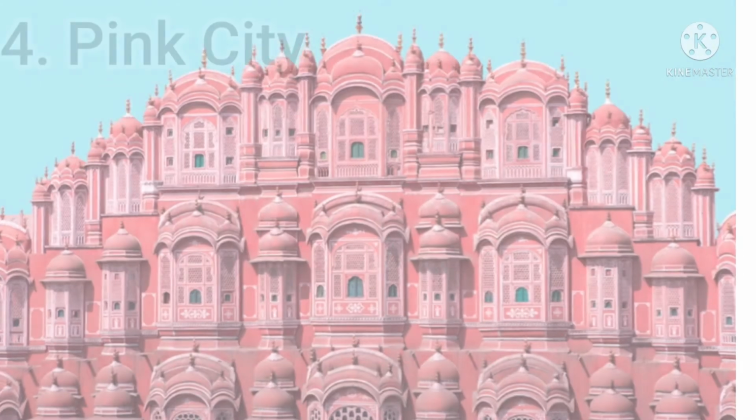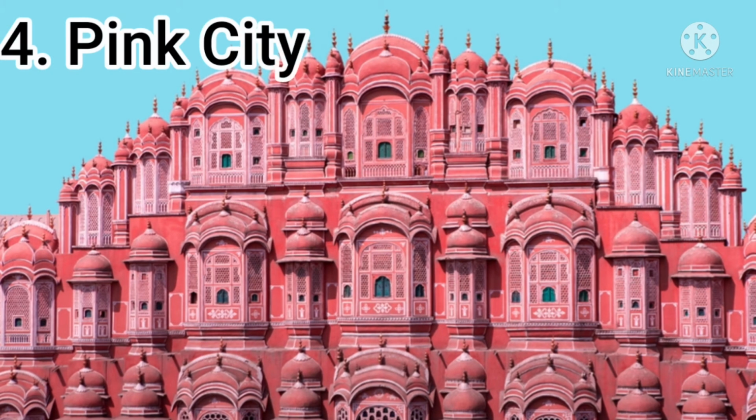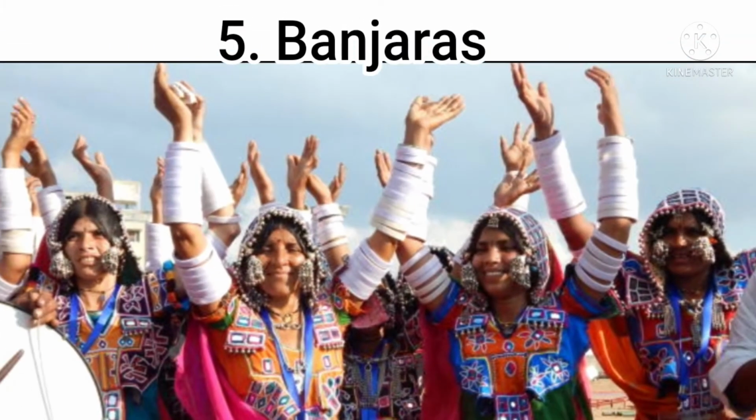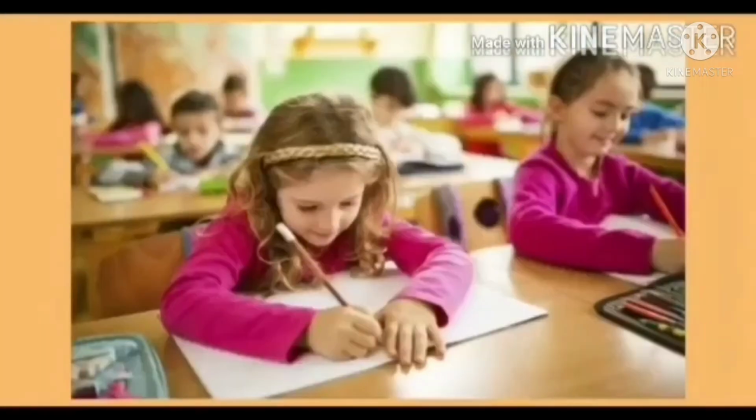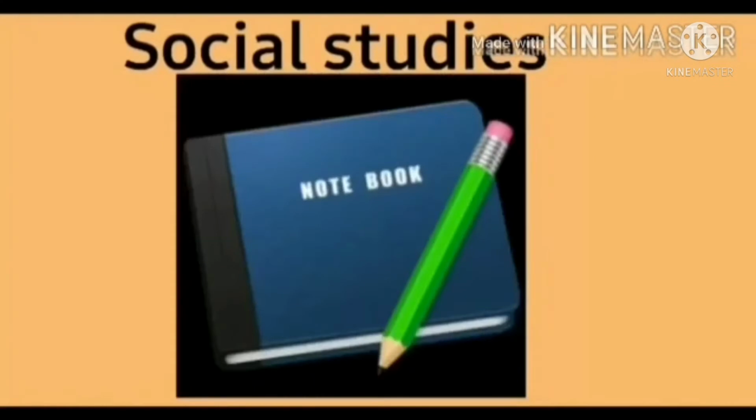Fourth word, Pink City: the city is so called because all buildings in the old city are built of pink stones. Fifth word, Banjaras: people who travel from one place to another in search of food for themselves and their cattle. Children, kindly write the keywords and the new words in your social studies notebook.